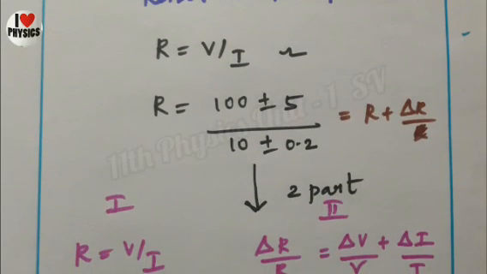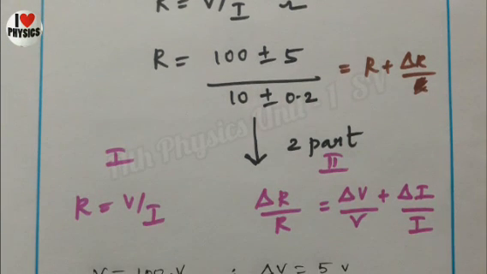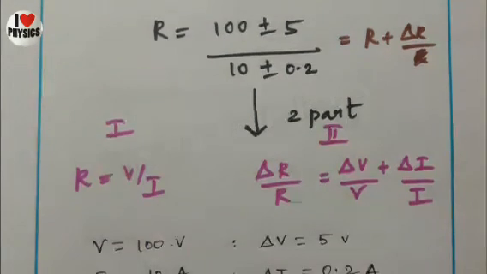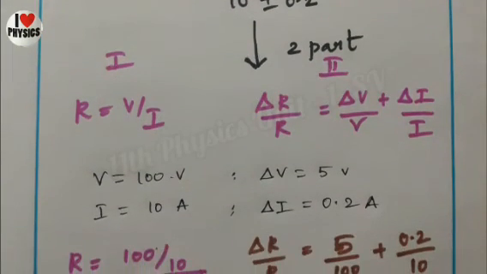The unit of resistance is ohm. Then R equal to 100 plus or minus 5 divided by 10 plus or minus 0.2. This will be mainly divided into two parts.